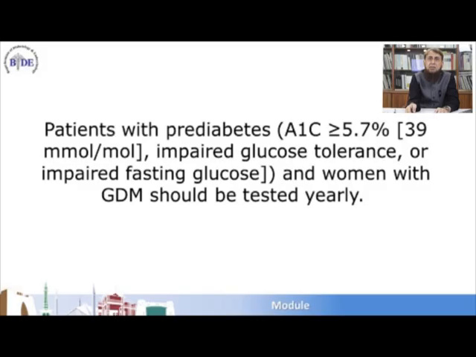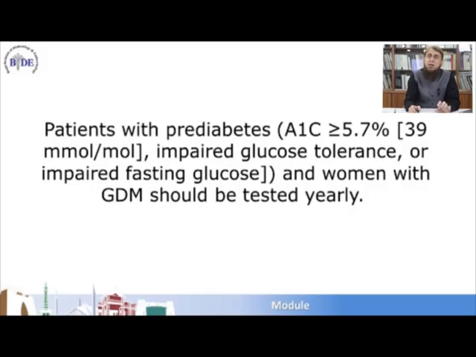Subjects already diagnosed with pre-diabetes or intermediate hyperglycemia, either on fasting or postprandial level or through A1C, should be tested at least on a yearly basis. And women with gestational diabetes should be tested yearly after delivery.